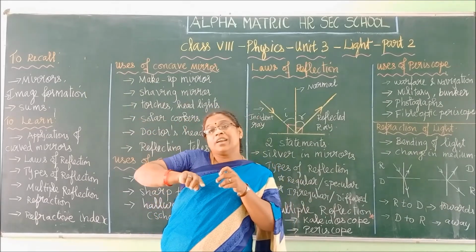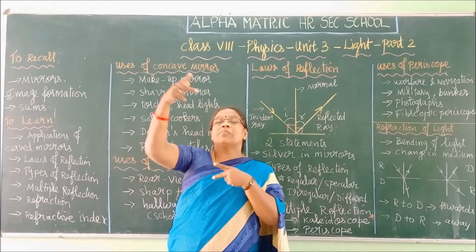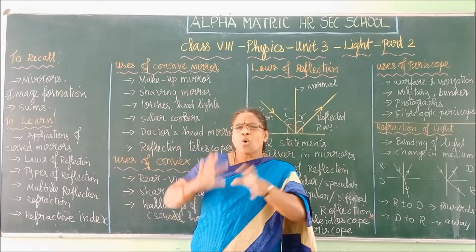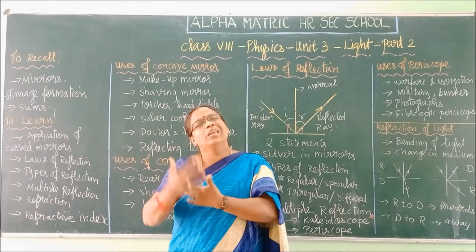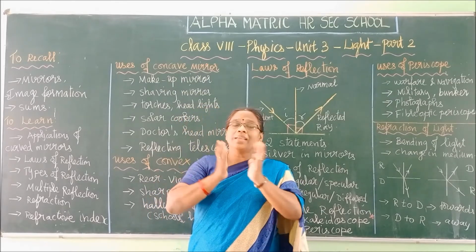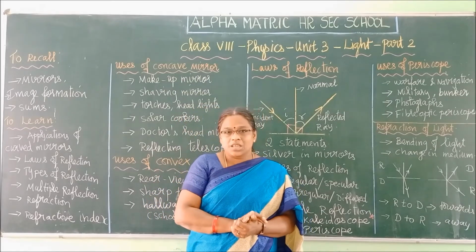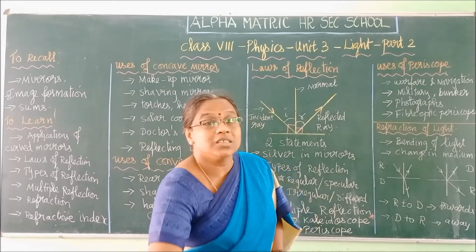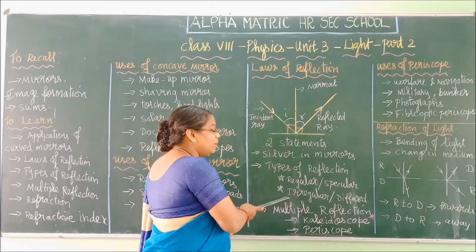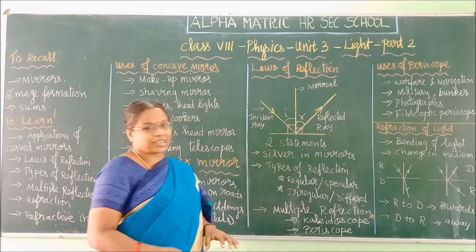The reflected ray of the second light ray will overlap with the first reflected ray. So overlapping of reflection happens over there, which makes the distortion of images. That type of reflection is called irregular or diffused reflection.